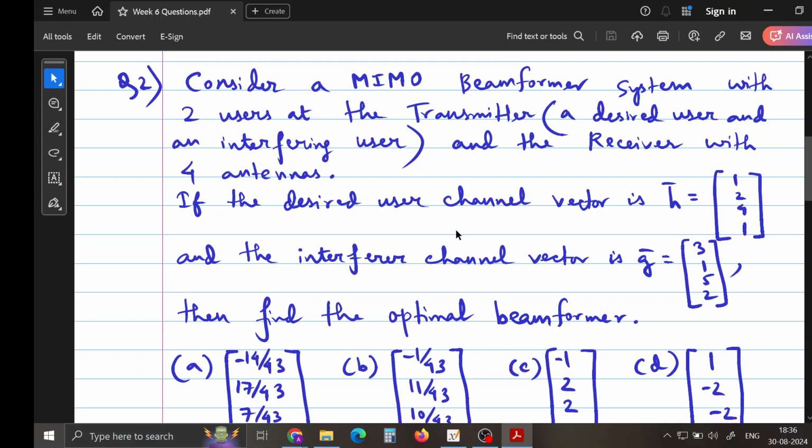The most general channel that we consider is the AWGN channel, additive white Gaussian noise, which is modeled as a Gaussian random distribution. So that's always present.